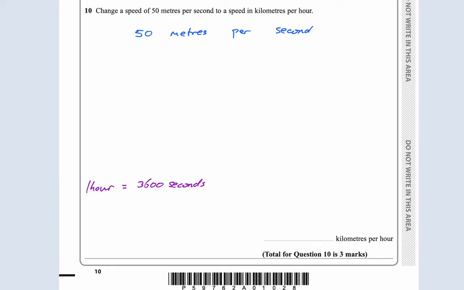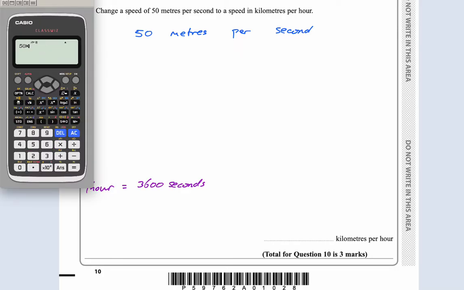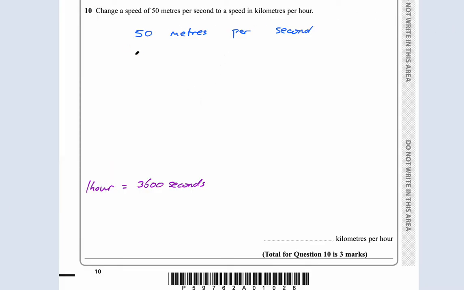Well, we have to multiply 50 by 3,600 because he's doing 50 meters in every second, and he's doing that for a full hour. So he's actually doing 180,000 meters per hour. So that's your meters per hour.